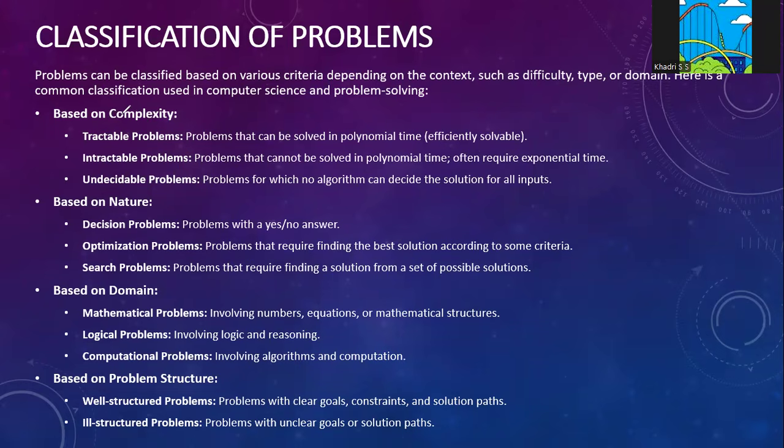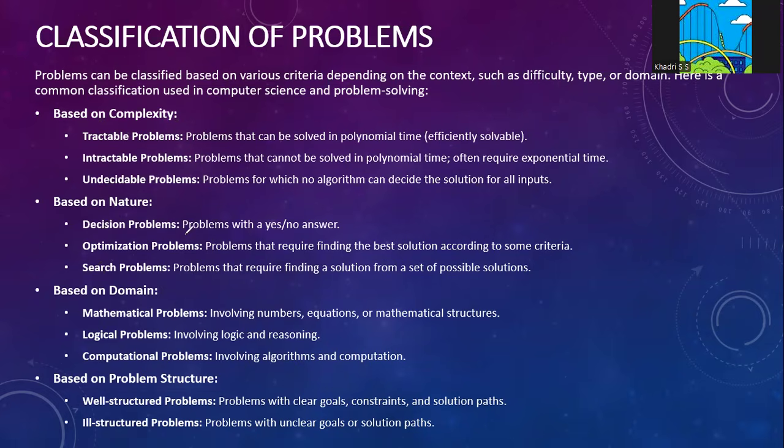Complexity is in the sense of how efficiently a problem can be solved, right? A tractable problem is one that can be solved in polynomial time. An intractable problem often requires exponential time. Undecidable is nothing but a problem for which no algorithm can decide the solution for all inputs, right? So these are the three we can see in terms of complexity. If it is based on nature, we have another three.